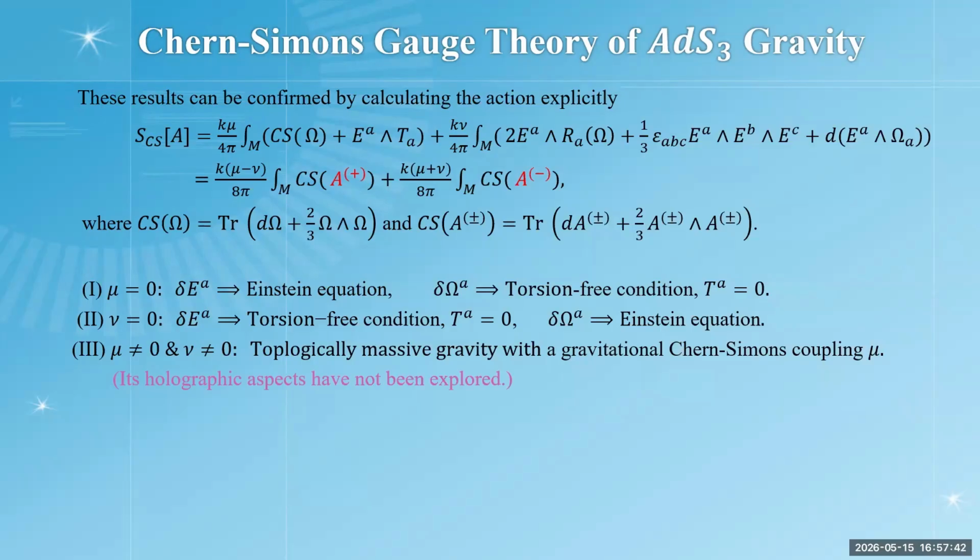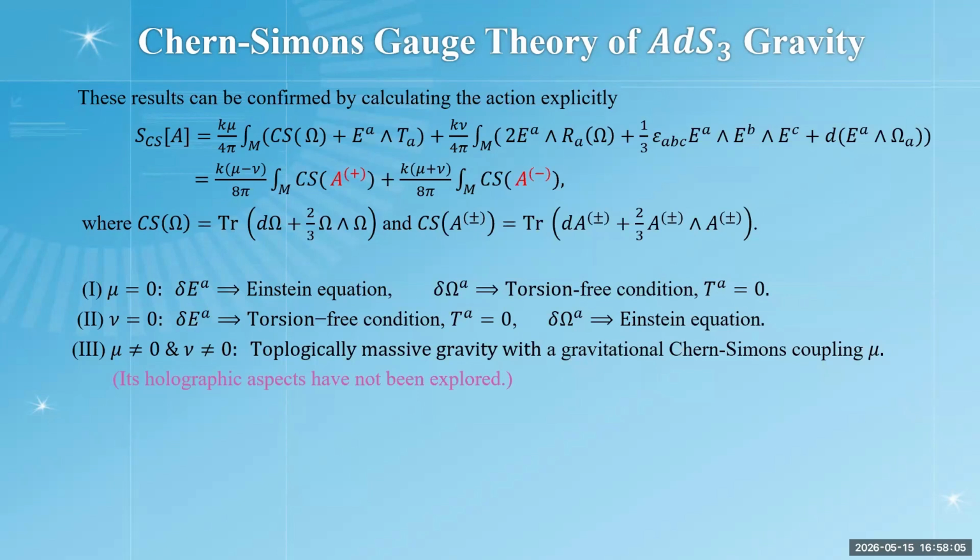But here, because this contains omega, the spin connection, this term has higher derivative than this. So one more derivative. So this is very similar to the situation in Chern-Simons, and if you consider Maxwell, then Maxwell theory has one higher derivative.